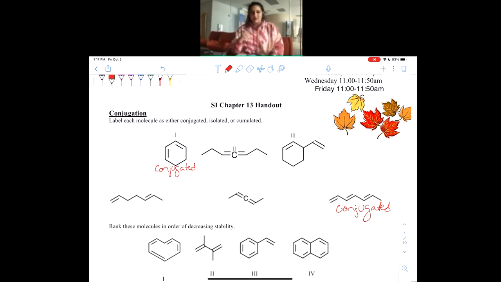Okay, so just sticking to the top row, can you guys tell me which one is isolated? Three, cool. And then which one is cumulated? Two, okay, cool. That one was an easy one. So in the next row, super quick, one, two, three, which one is cumulated?